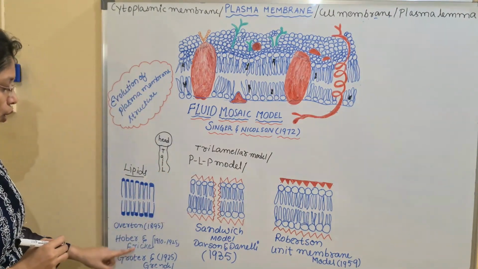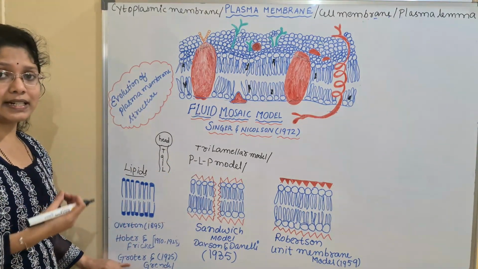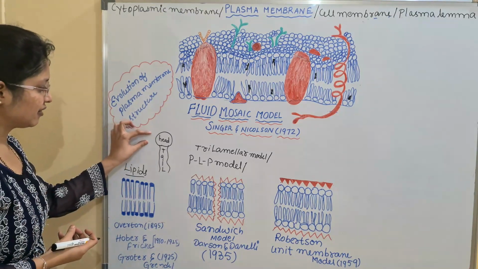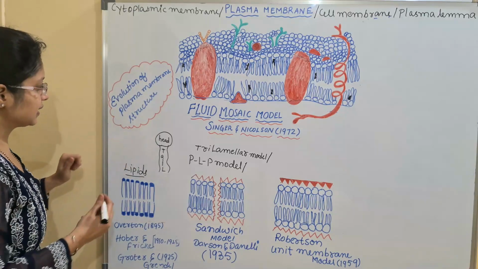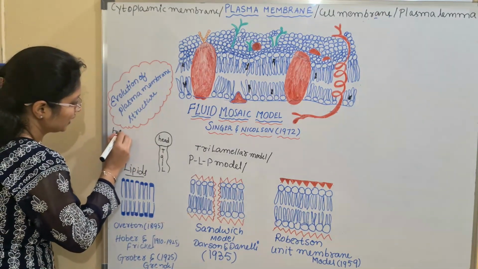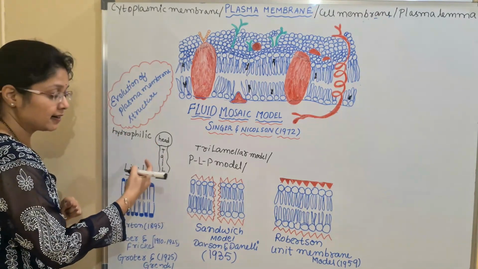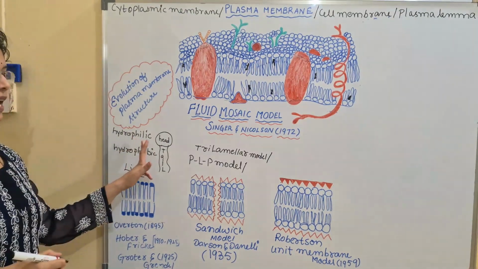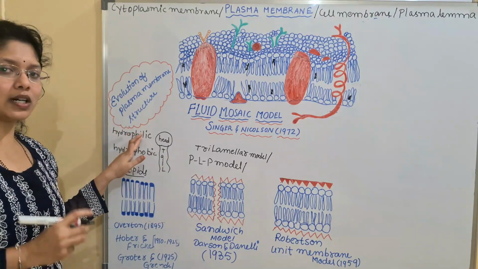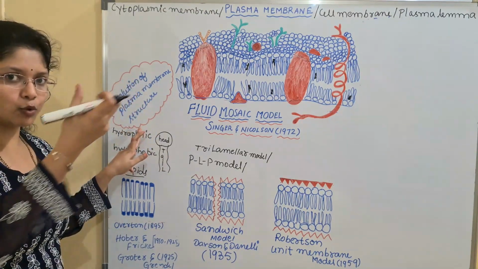So according to Gorter and Grendel, they also studied the structure of this lipid. The lipid has two parts, a head region and a tail region. The head region is hydrophilic in nature, and the tail region is hydrophobic in nature. What is hydrophilic? Hydrophilic is water loving, so it will attract water molecules.